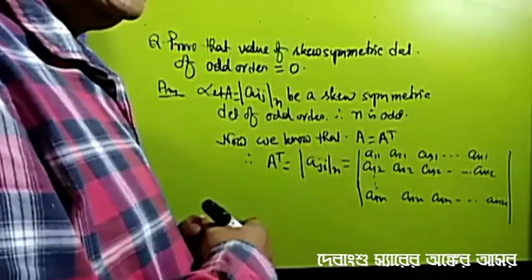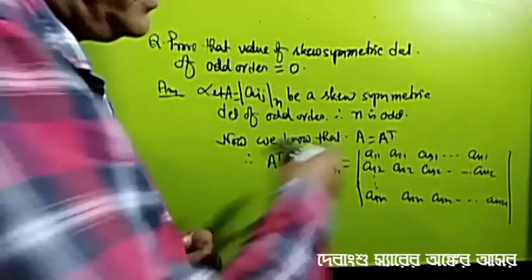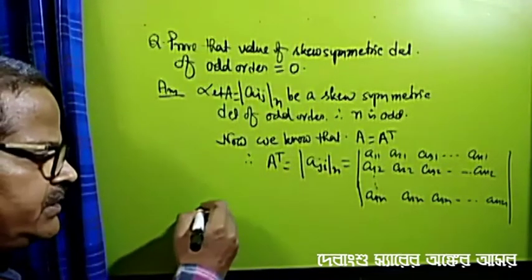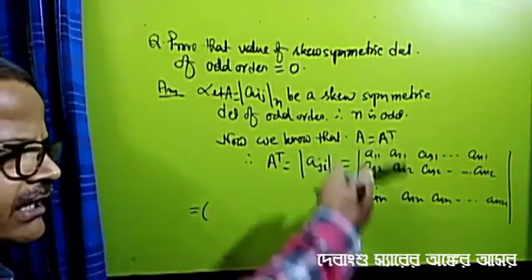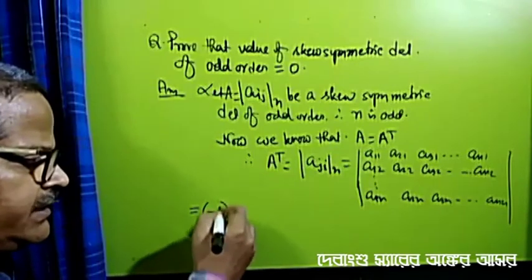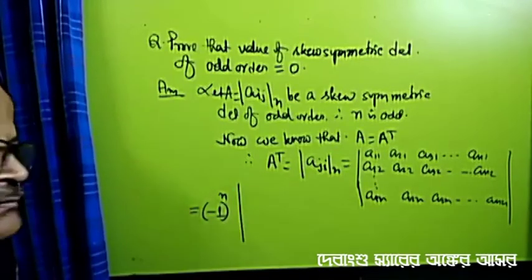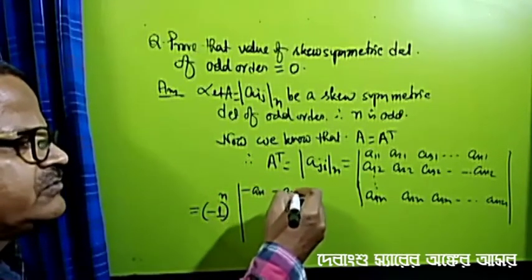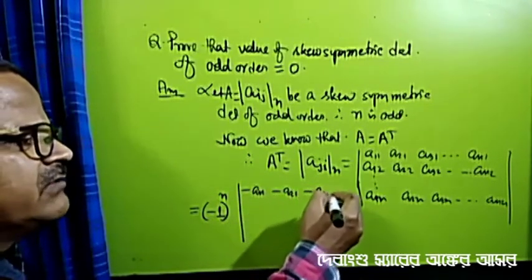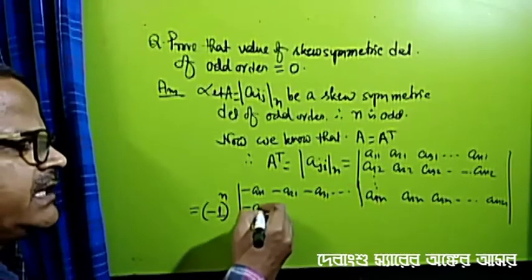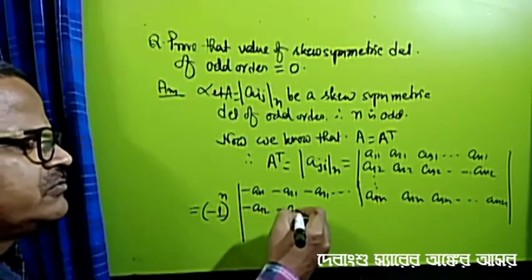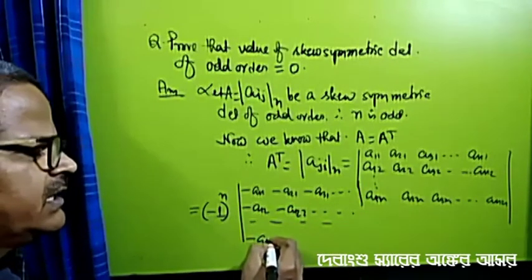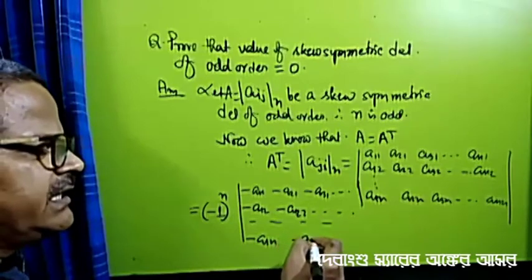Now we take -1 common from each of the rows. There are n rows, so we get (-1) to the power n. The elements become -A11, -A21, -A31, -A12, -A22, -A1n, -A2n.